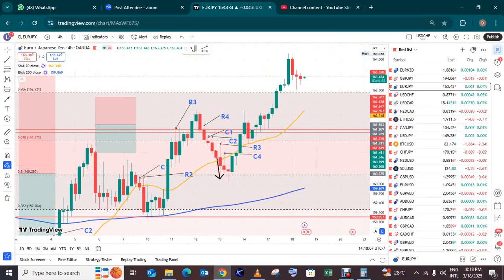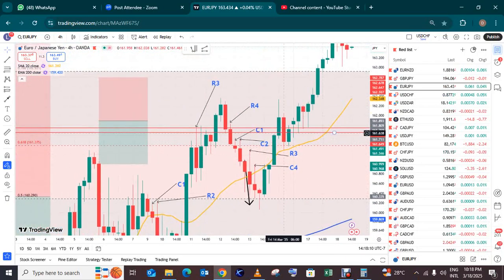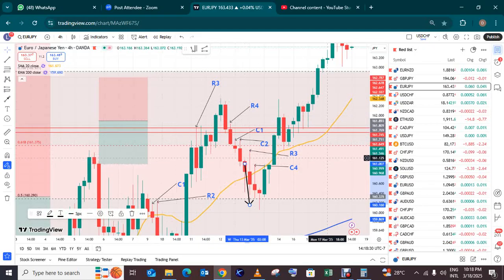Remember C1 and C2, both confirmations. Our entry level will start from this new candle here. After the C2 candlestick formation has finished, we start at this level here.